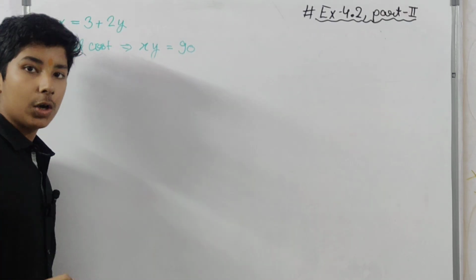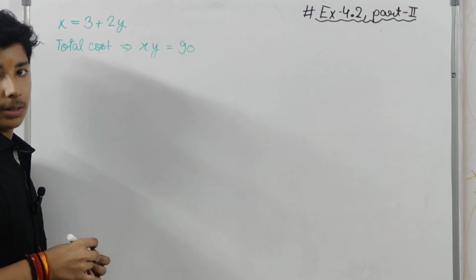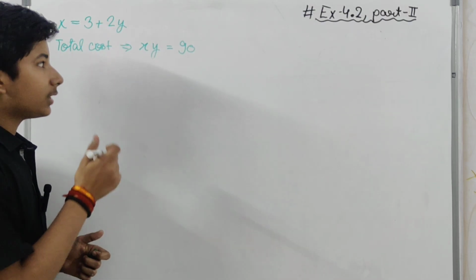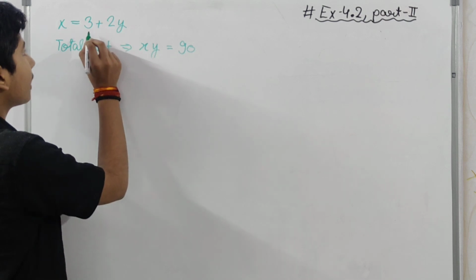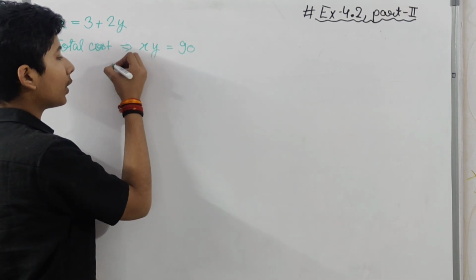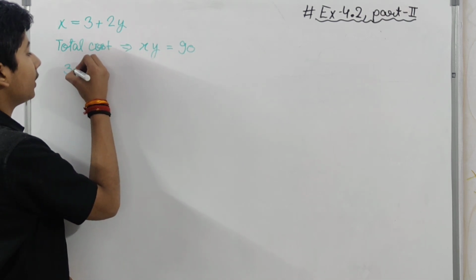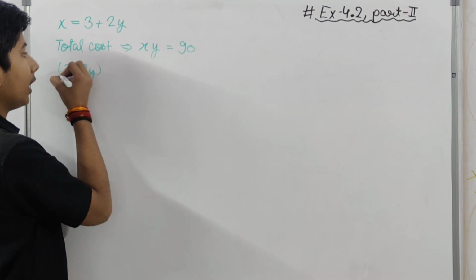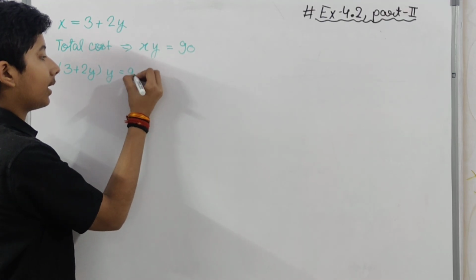Means total cost of making was 90 rupees. So yes, we have got all the information to find our answer. So x = 3 + 2y. Now we put here 3 + 2y into y equals 90.